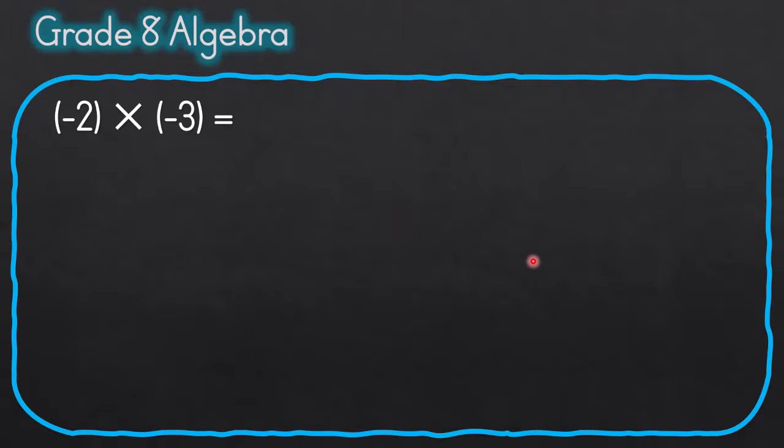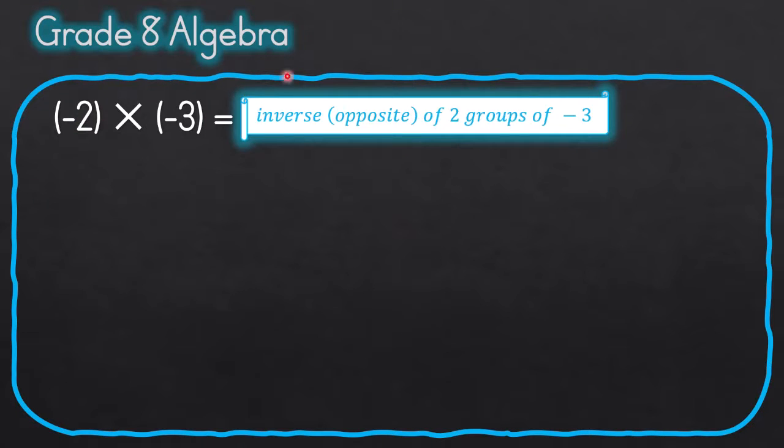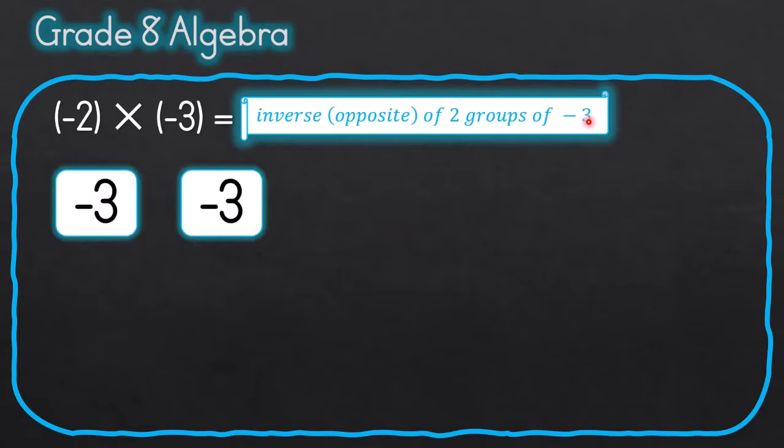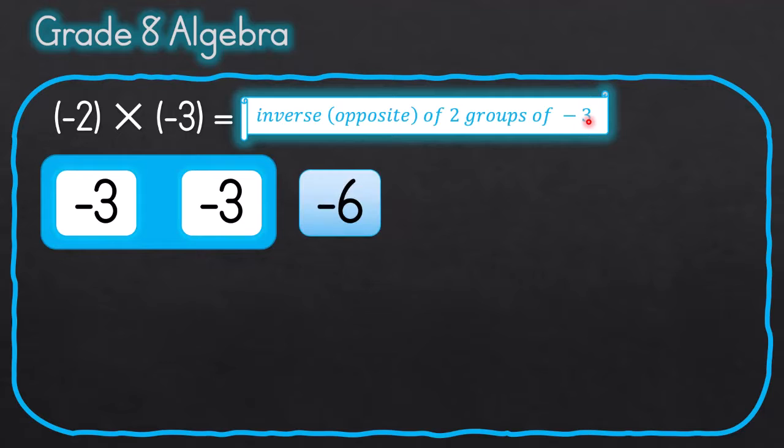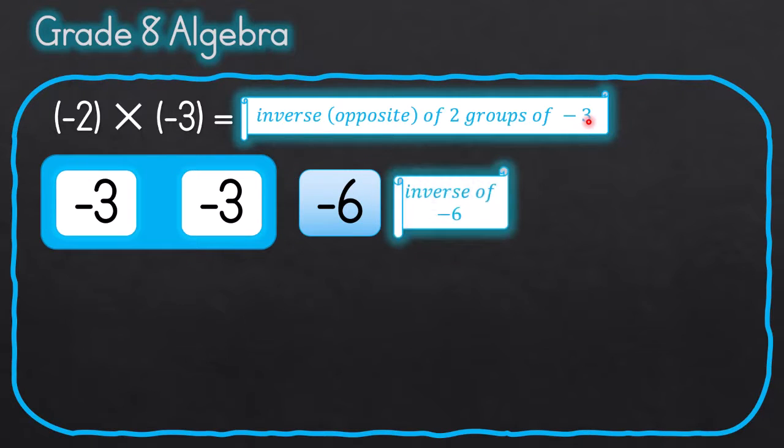Next we have negative times negative. If we read this, it would say negative 2 times negative 3. That means I need the inverse or opposite of 2 groups of negative 3. Therefore, 2 groups of negative 3 will give me negative 6, and we have to determine the inverse of this, and that will give me a positive 6.